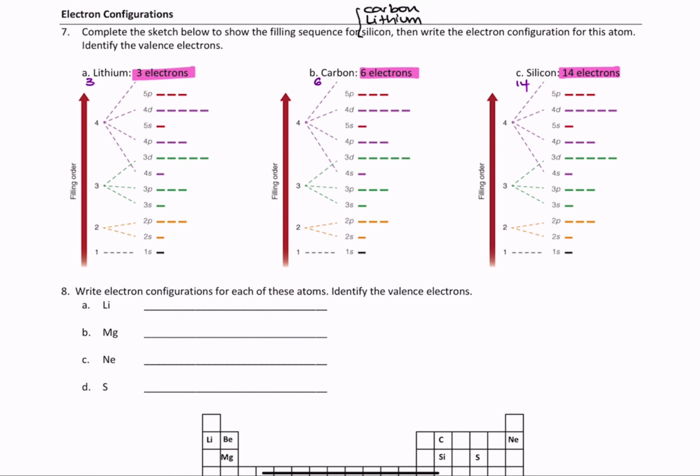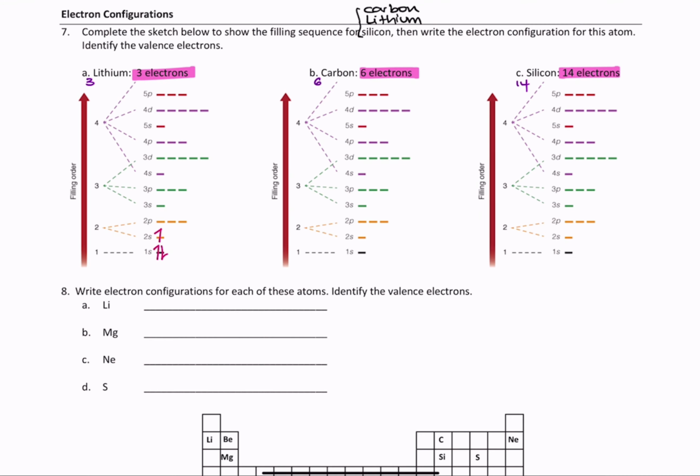I need to place 3 electrons for lithium. I'm going to first put an electron spin up. An electron is represented by an arrow. Then because this level is not full, I'm going to complete with a second one, spin down. And I'm going to place my 3rd electron on the level 2s.